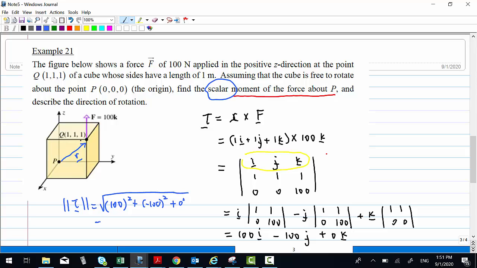So there will be 100 square root 2, and the unit of this torque is meter Newton, since the force is measured in Newton and the length is measured in meter.